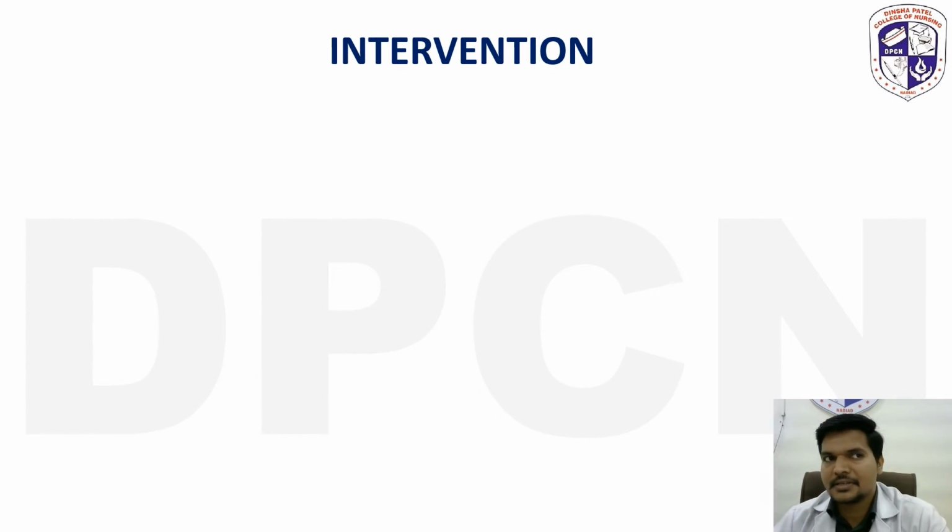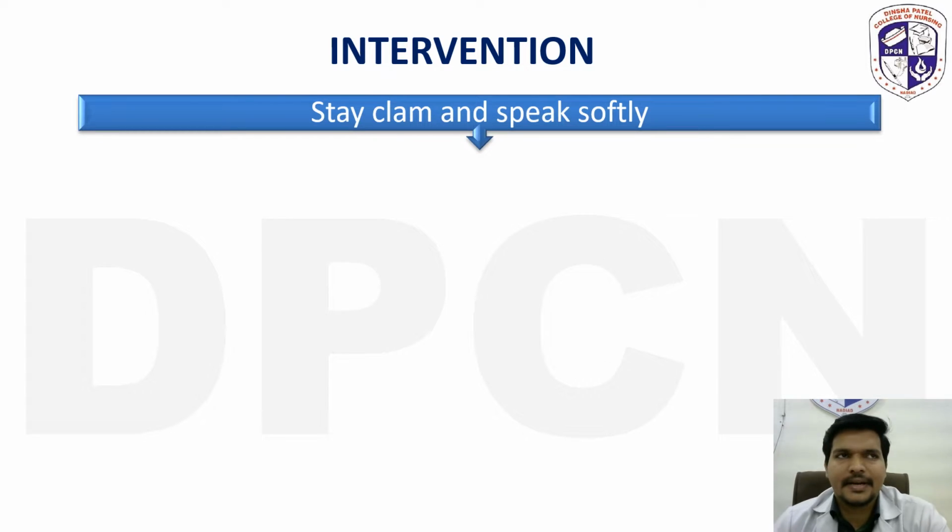What are the interventions? Whenever we observe that a child is having a temper tantrum because their desire cannot be fulfilled, how can we deal with it as parents or as a nurse? The first intervention is to stay calm and speak softly.